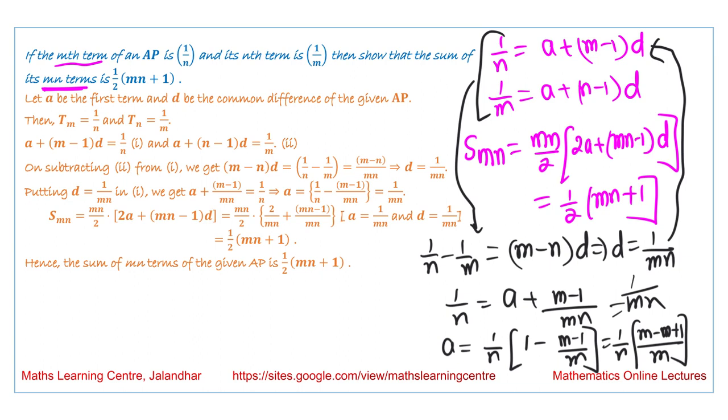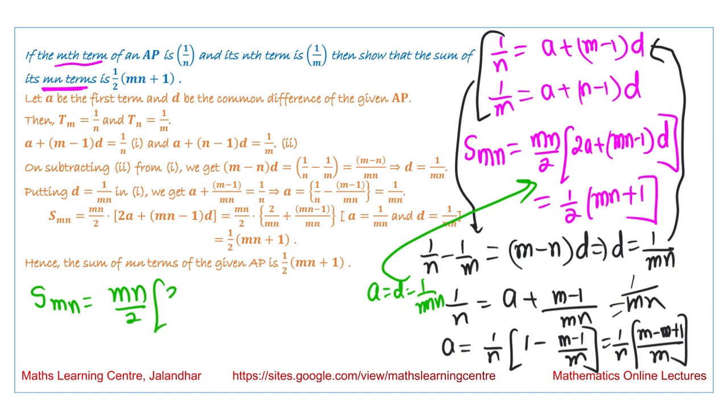We have obtained a equal to d equal to 1 by mn, and we substitute these values in this formula, and we obtain S of mn is equal to mn by 2 into 2 by mn plus mn minus 1 into 1 by mn.